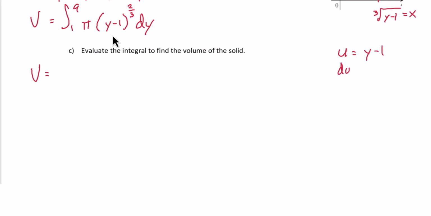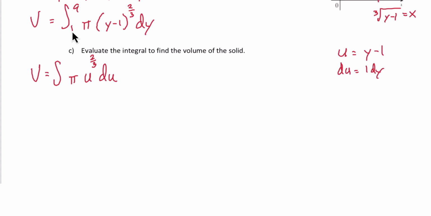Then du will be 1 dy. Now we can rewrite this integral. We have the integral of pi times u to the 2/3 du. And remember, we need to change our limits of integration since we changed our variable.